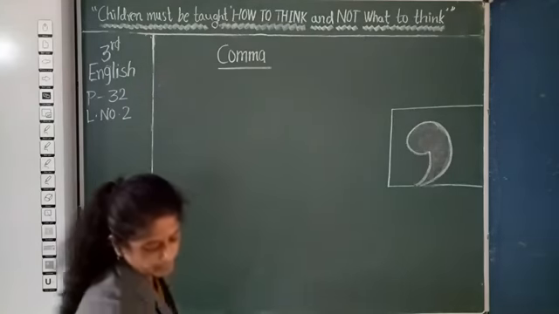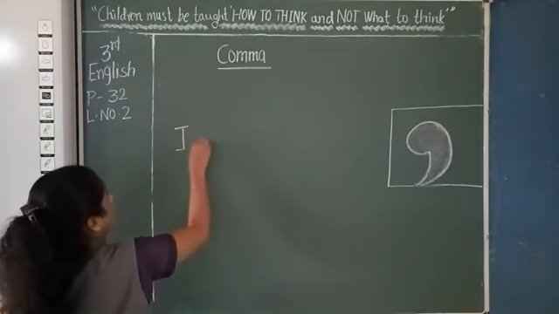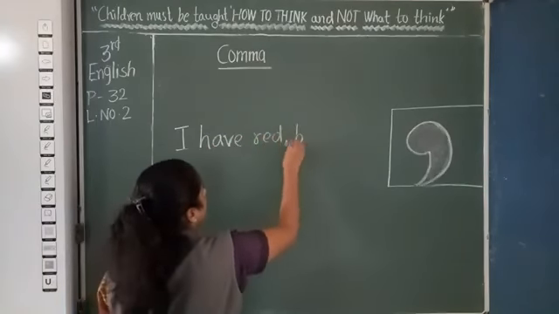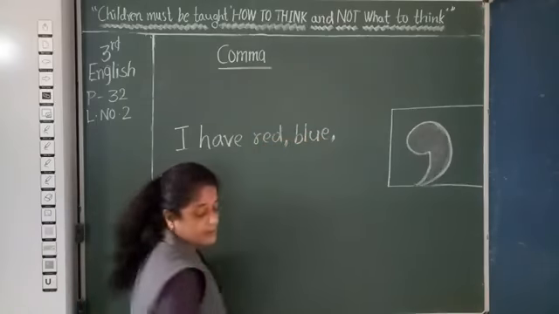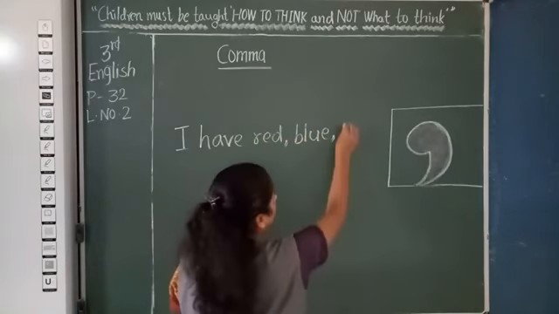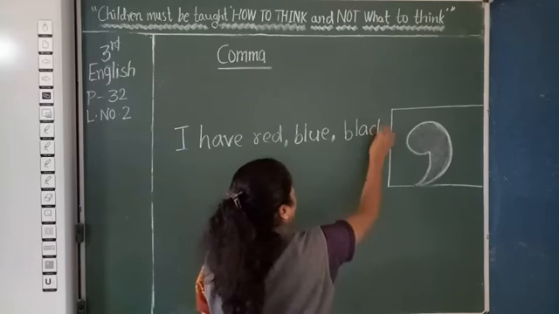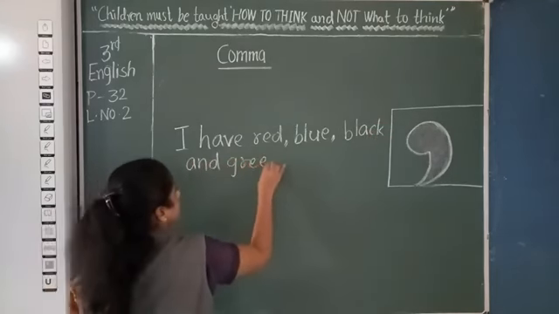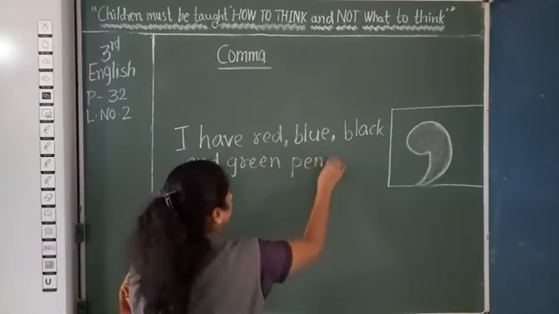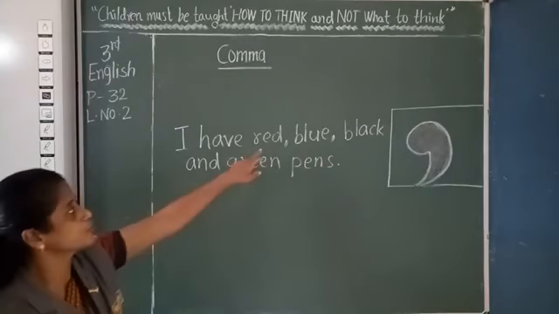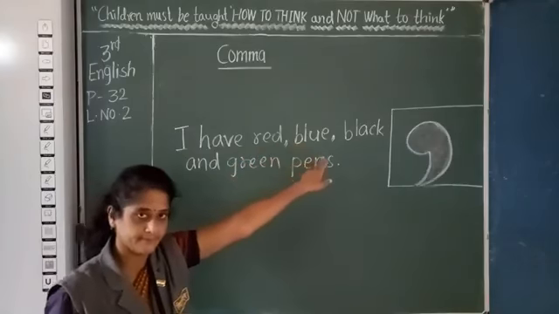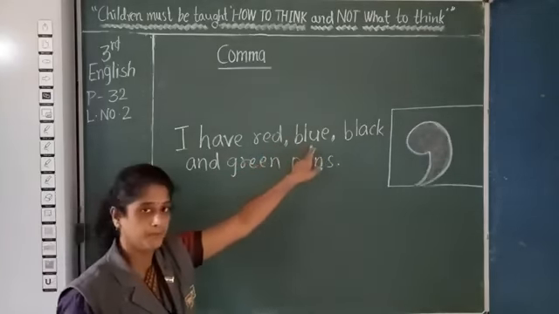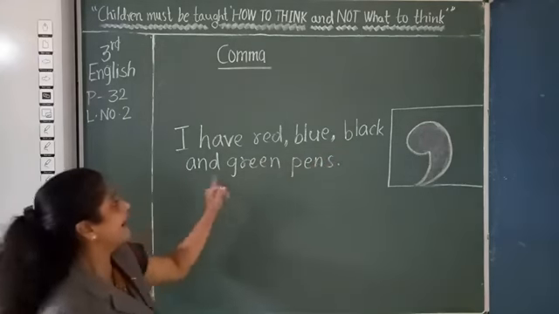Now, a comma goes between each item except the last and the second last word. For example, I will show you. I have red, blue, black and green pens. This is my sentence. So what did I do? I have used a comma after each item here. I have red, I am giving a pause. Red, blue, black and green pens.